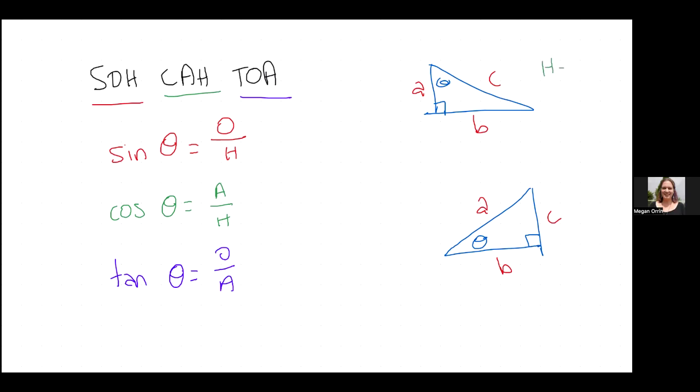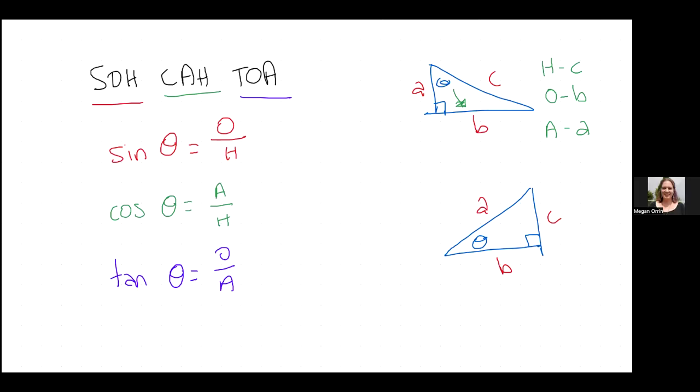C. All right, so this one is opposite the right angle. What side is B? The opposite, right? It is opposite the marked angle. So what does that make A? The adjacent. Adjacent is a fancy word for next to. This is next to the angle.